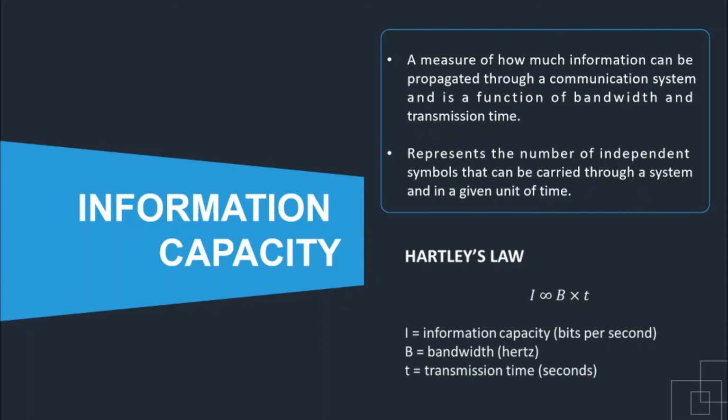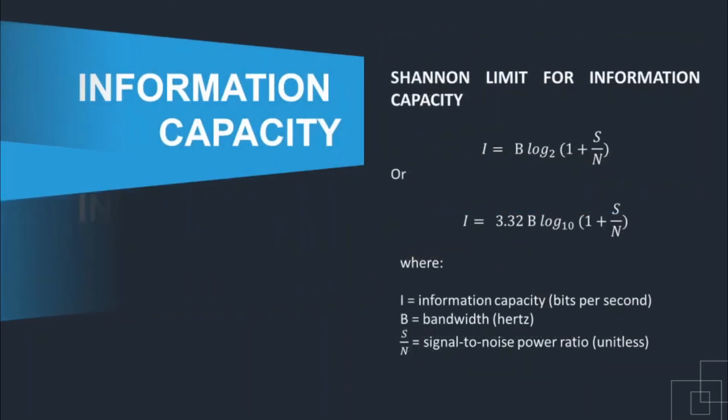So, sa information capacity, nandun ang Hartley's law na nagsasabi na ang information capacity is proportional to the bandwidth times the transmission time. Yung Hartley's law. Nandito din ang Shannon limit for information capacity.